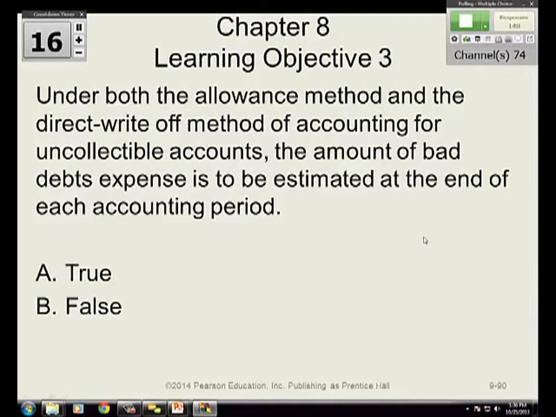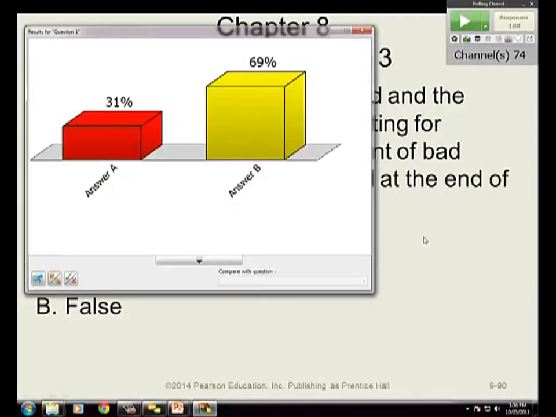All right, so again, let's see what we got. Oh, that one kind of hurts. Aside from those people that were sleeping and then just put their clickers on now. All right, look. The direct write-off method is actual.